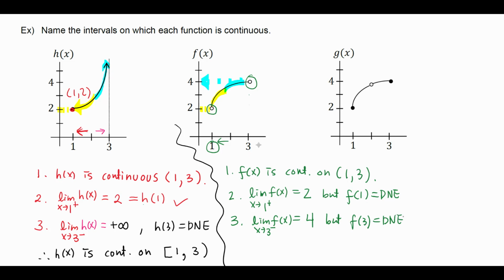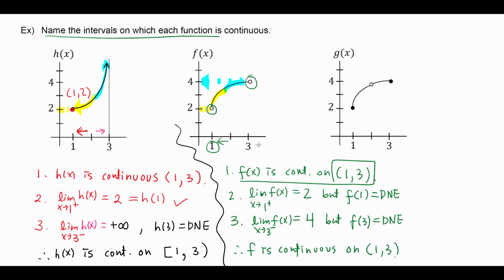Therefore, this function is not continuous at 3 either. So, since it says name the intervals on which this function is continuous, you can conclude that f is continuous only on the open interval 1 to 3. That will be your conclusion.